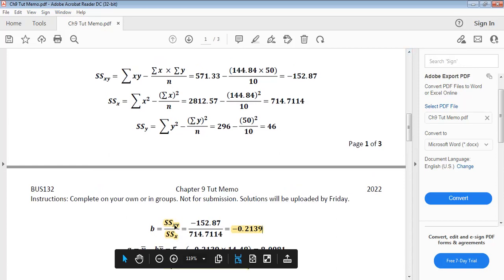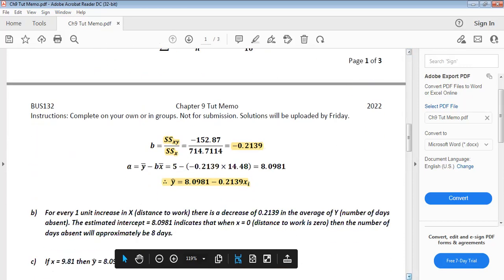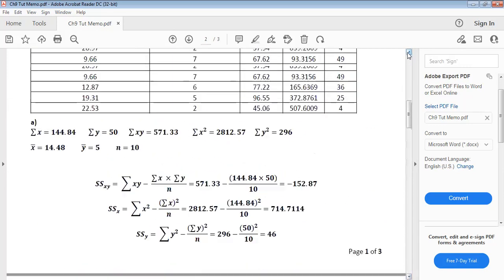So what is the sum of squares of xy, what is the formula? Then you just substitute it. It's very easy. If you know the formulas, the questions in this chapter are very easy.